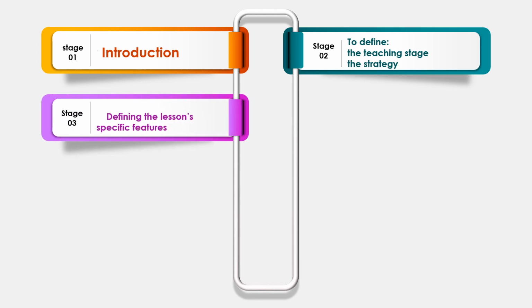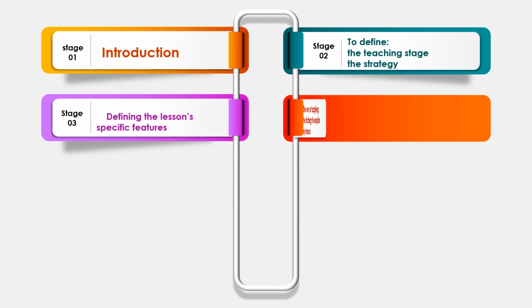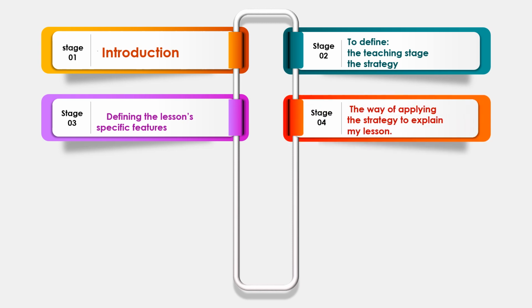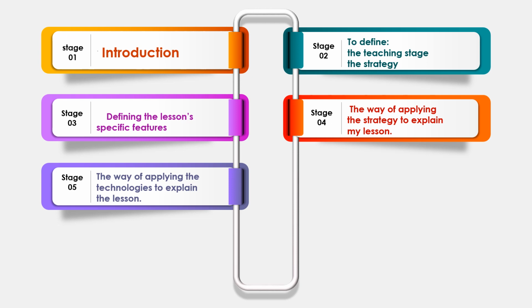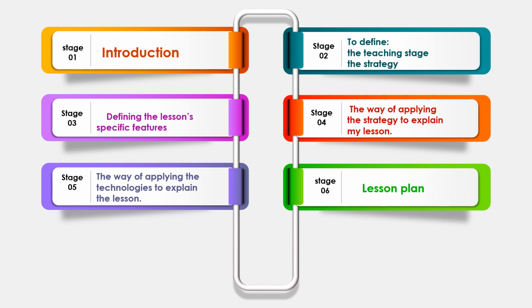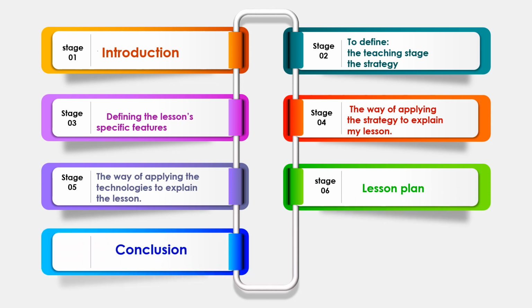The third stage is defining the lesson's specific features. The fourth one is the way of applying the strategy to explain my lesson. The fifth one is the way of applying the technologies to explain the lesson. The sixth one is the lesson plan, as well as the conclusion.